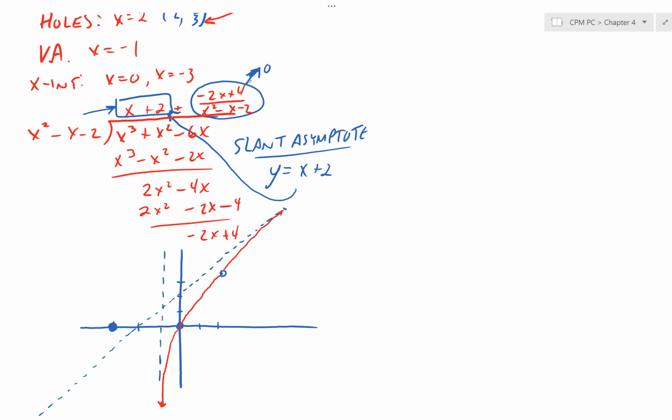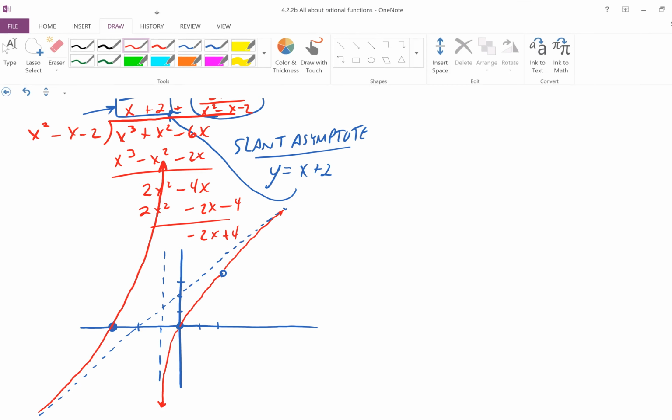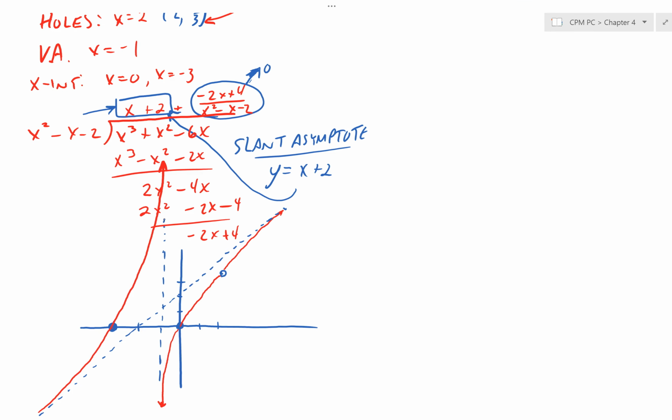And then from this point at (-3, 0), as we go up, it's going to approach the vertical asymptote, and maybe not so steep because we have to approach this slant asymptote here, so it's going to look more like this. Remember, we have this vertical asymptote here, so it's going to approach the vertical asymptote going up and the slant asymptote going down.